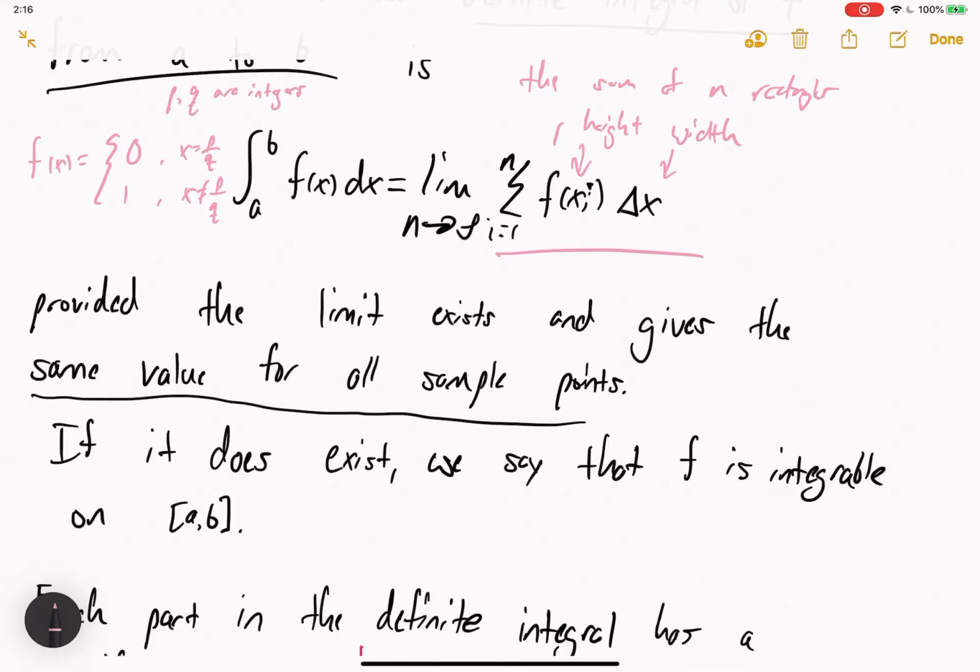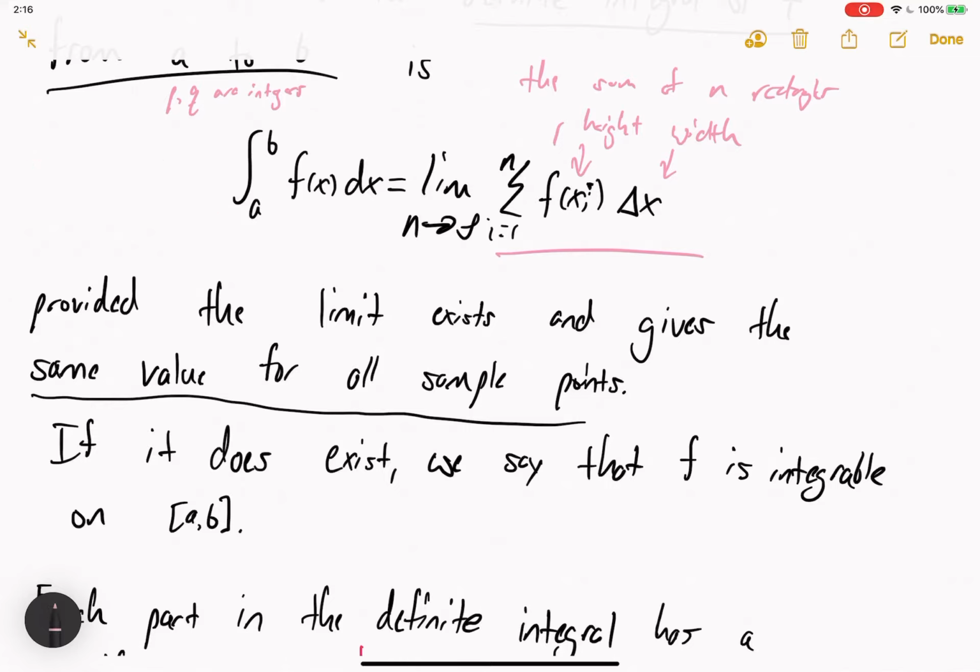The thing is, in any interval we have, we could choose a sample point to be 0, or we could choose our sample point to be a number of this form, or a number of this form. And that's true for all intervals. So we could always choose our function to be 0, or we could choose it to always be 1.